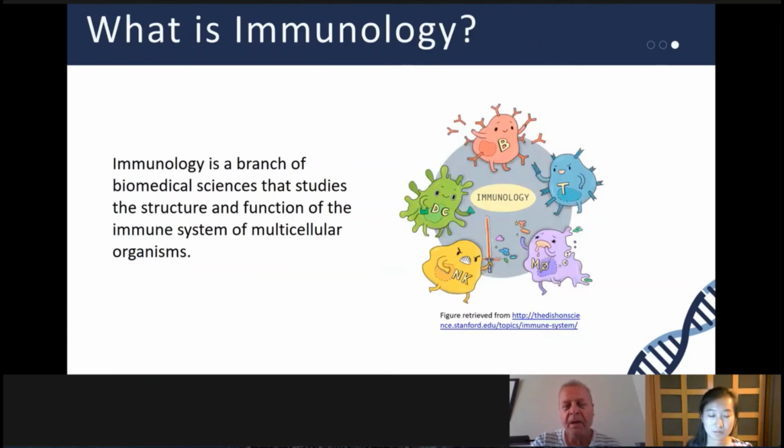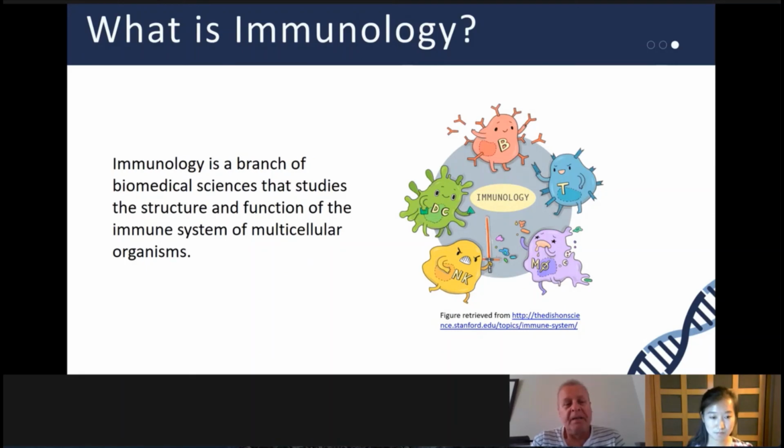So, more broadly, what is immunology and what is it about? When you study immunology, when you read immunology at university and maybe choose to enter a career in immunology, it's a branch, a part of biomedical sciences. Because of that, it also contains a lot of other subject areas within it, such as biochemistry, genetics, molecular biology, cell biology.